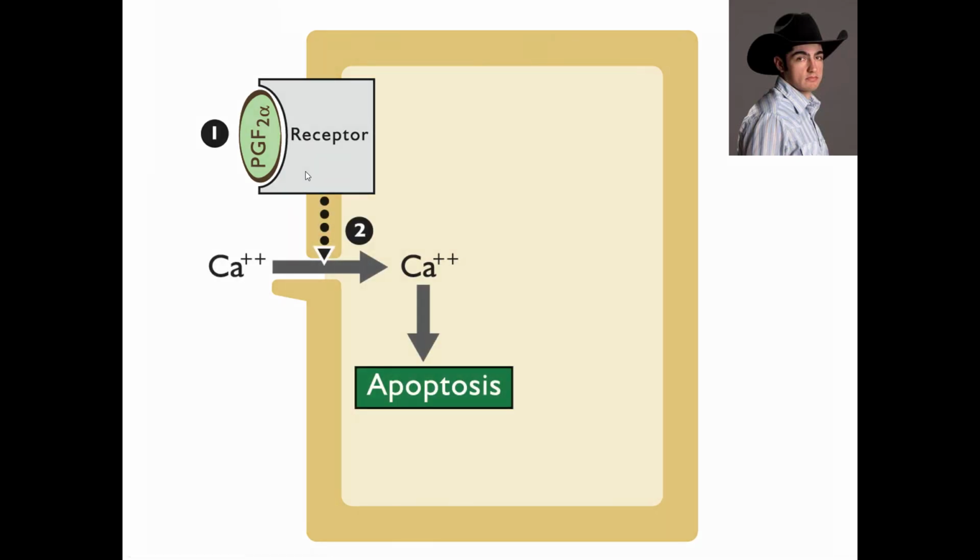Event number 1 is where we see the binding of PGF2 alpha changing the conformation of this receptor and opening a calcium channel. So calcium ions are going to rush into the cell, and that increase in calcium is going to cause apoptosis or cell death to happen.